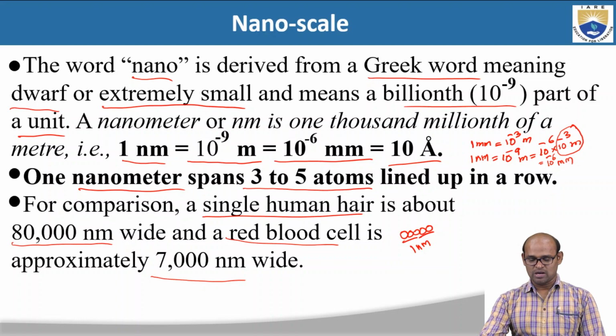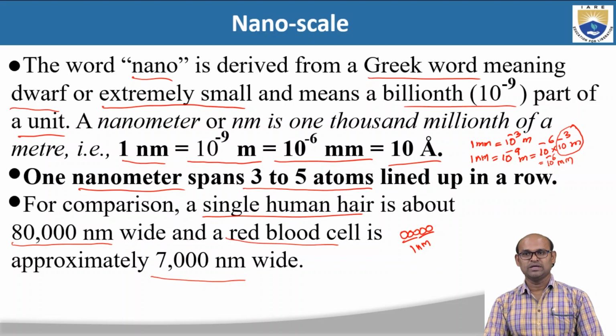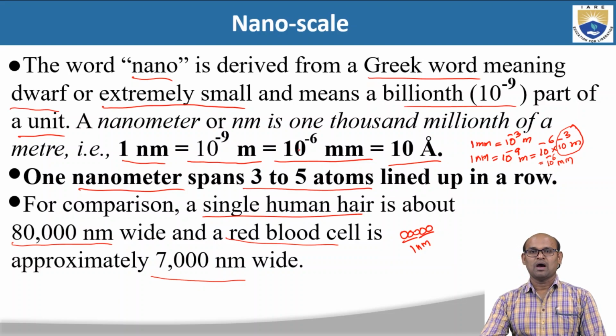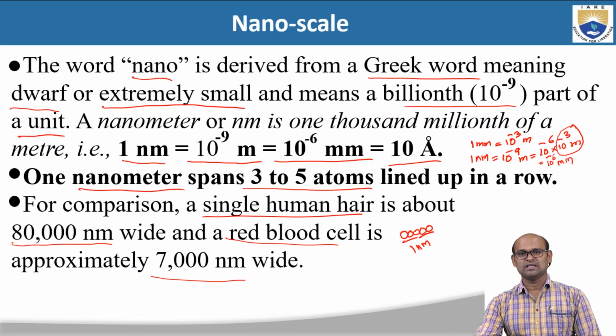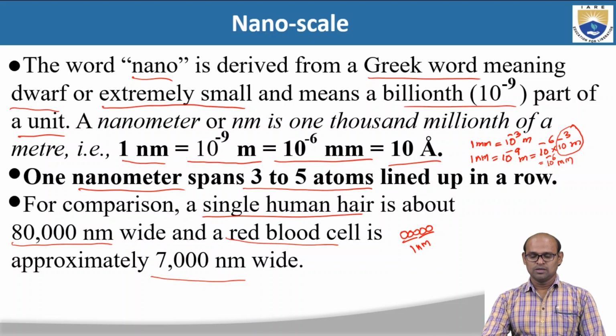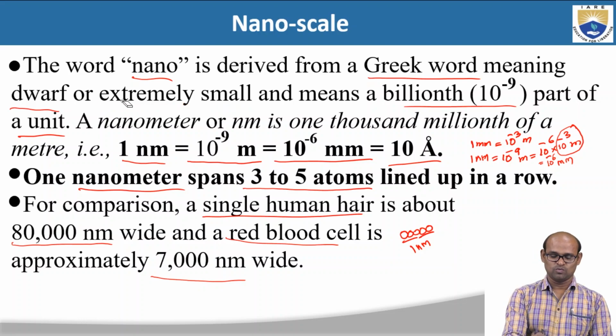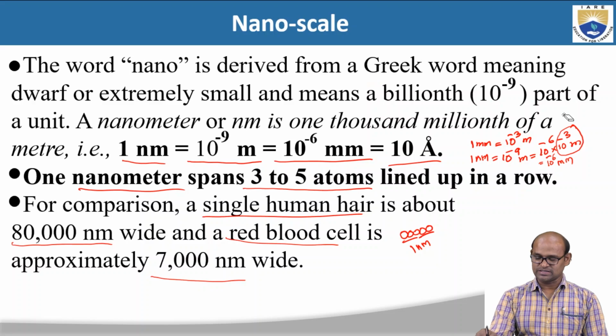So a nanometer is 10 power minus 9 meters, or 10 angstroms, or 10 power minus 6 millimeters. In 1 nanometer of space, there can be 3 to 5 atoms arranged in a row. A human hair is around 80,000 nanometers wide, so a nanometer is extremely small.